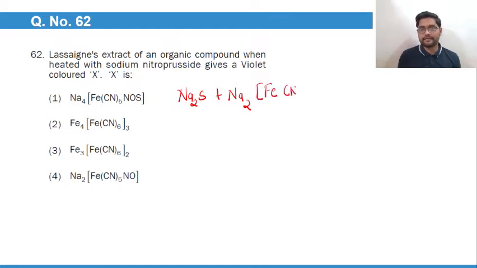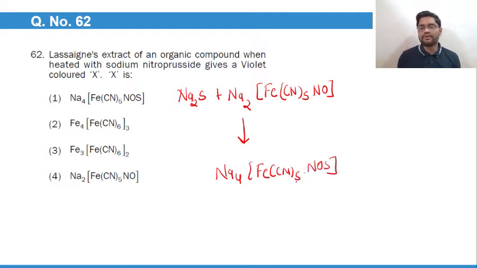They both react to give Na4[Fe(CN)5NOS]. This is the compound that has been formed, and it is violet in color. So this is the reaction over here, and we'll go with option number 1.